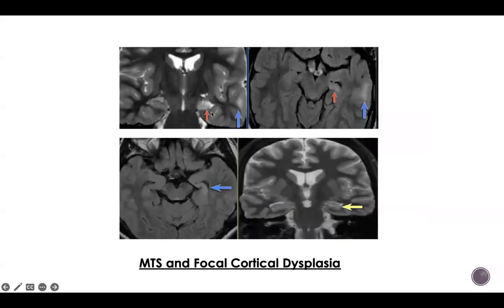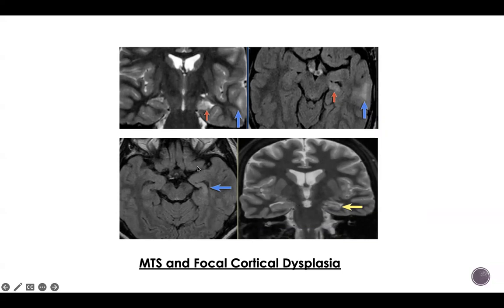Same thing on the left side, there is T2 and FLAIR hyperintensity in the left hippocampal area, along with a condition known as focal cortical dysplasia that is represented by a hyperintense signal in the gray-white matter junction, as you can see here in the left temporal lobe, denoted by the blue arrow.